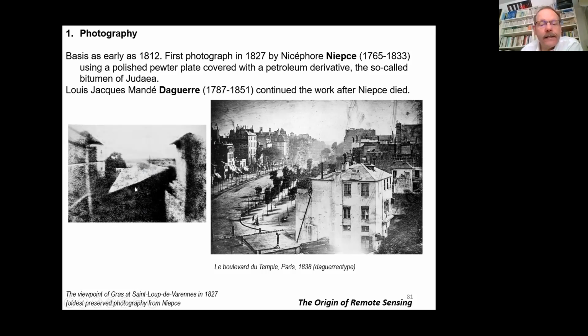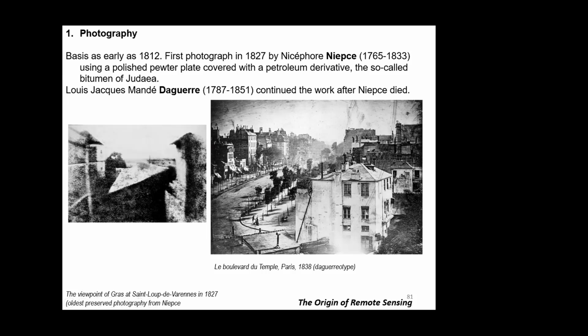Saint-Loup de Varennes is a small village very close to Chalon-sur-Saône, the capital city of one French department in the center-east of France. The French name Niépce is relatively complicated. He used a polished pewter plate covered by the so-called bitumen of Judea.